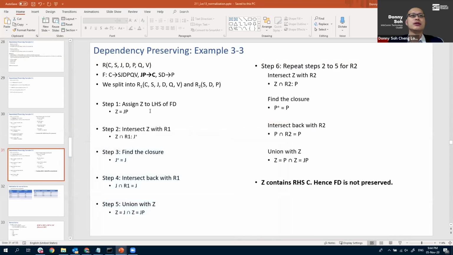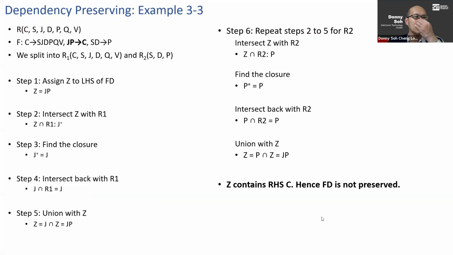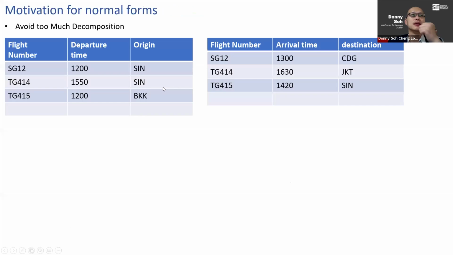We need to go through the next one. Sorry. Anyway, do you need me to explain this example again, or everybody is comfortable? Okay, if all is comfortable, I will go on to the next part, which is the normal form.